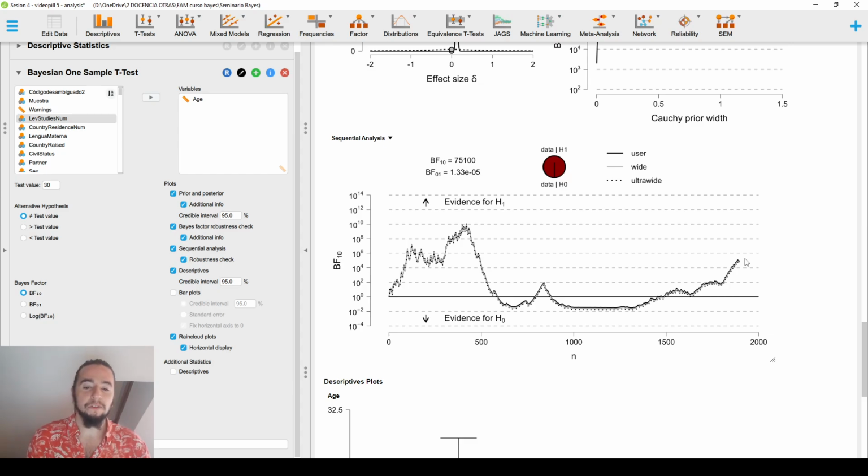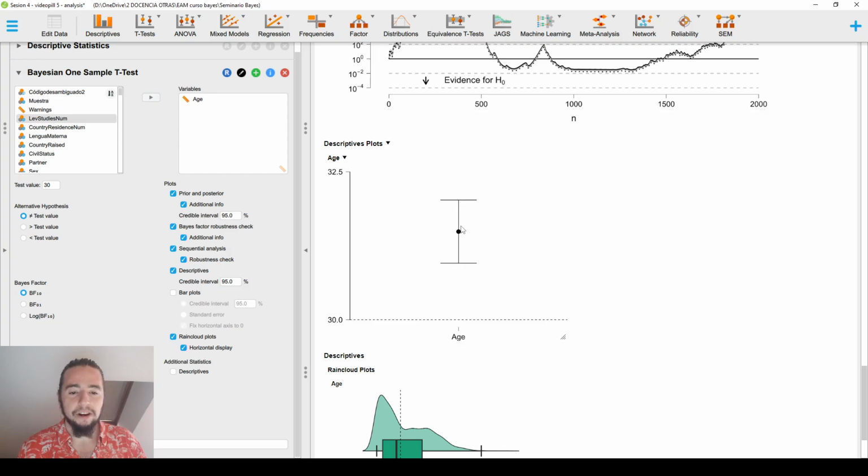So maybe there are some confounders over there, and maybe sorting the sample regarding some third variable and repeating this analysis could illuminate us about these potential confounders, because there is no straight tendency. It goes really up at 500 participants, and then goes down and stays down until more or less 1500 participants, and then goes up again. So it's kind of strange, kind of non-stable.